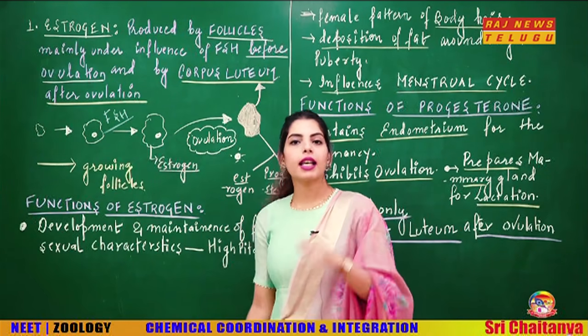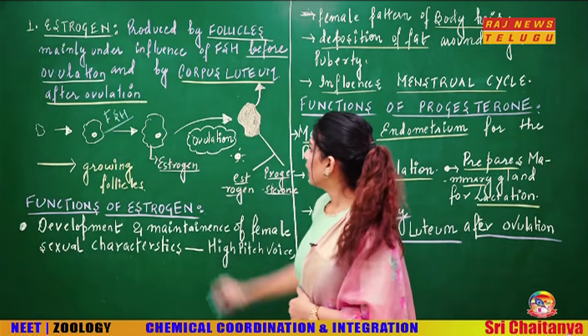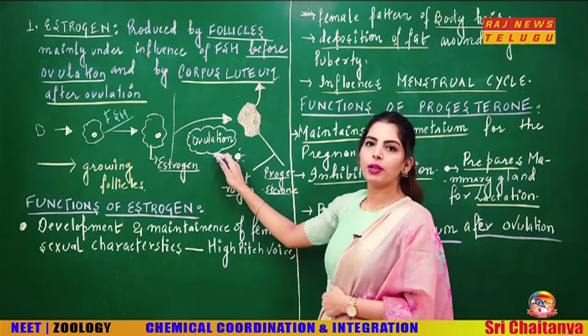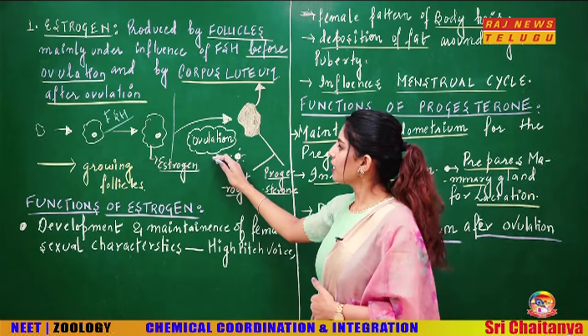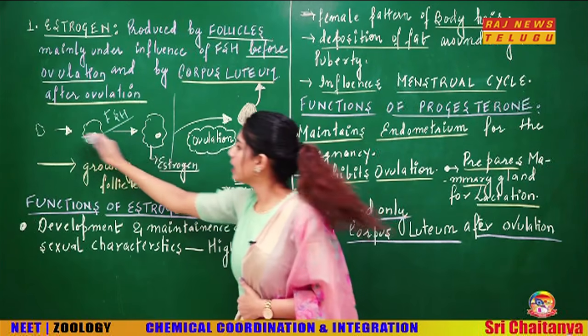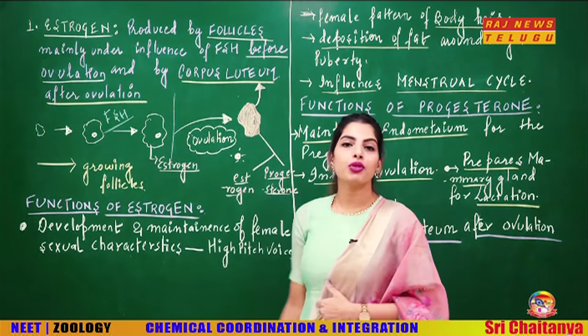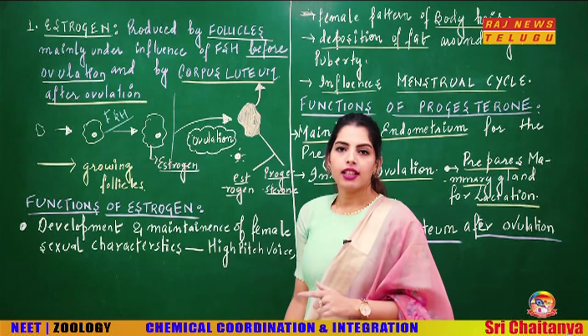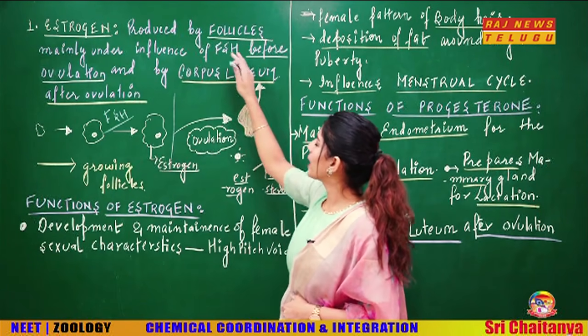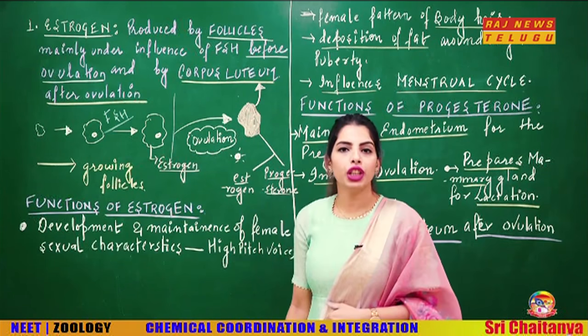These follicles are producing estrogen. I have written on this side of the board, it is ovulation. Do you see, before ovulation, these follicles are producing estrogen. That's what I have written, that it is produced by follicles mainly under the influence of FSH before ovulation.